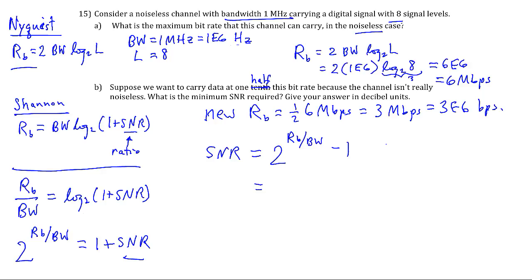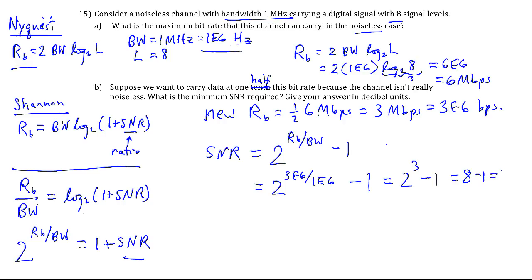And this comes out as 2 to the 3 times 10 to the 6th over the bandwidth, which is still 1 times 10 to the 6th, and I subtract 1 from all of that. This is 2 cubed minus 1, which is 8 minus 1, or 7. And that's the SNR as a ratio.